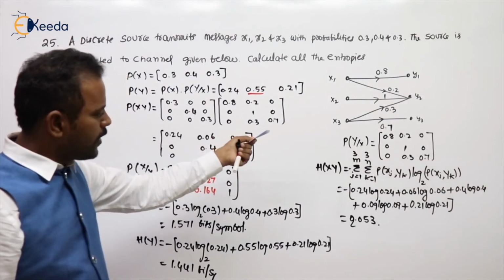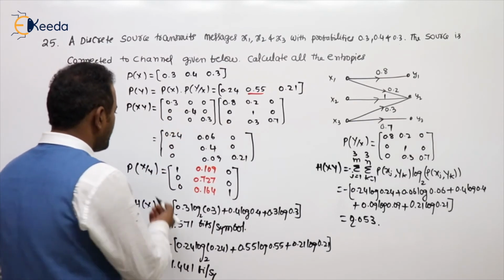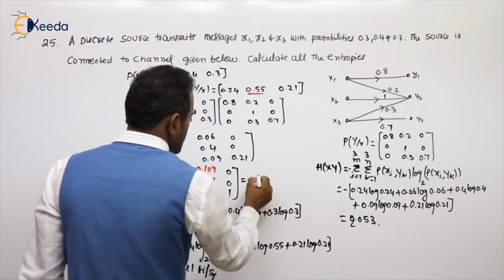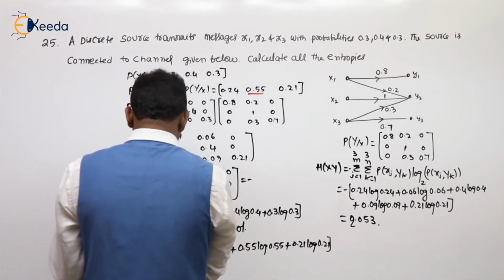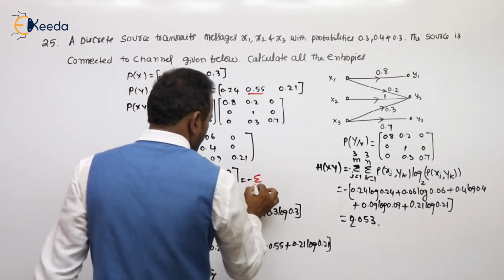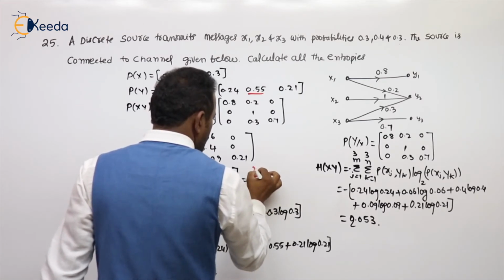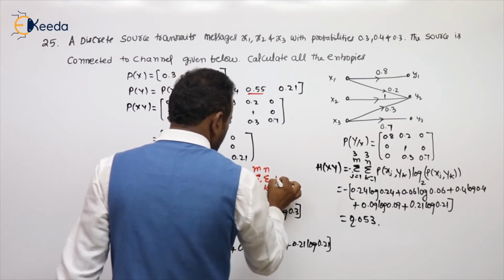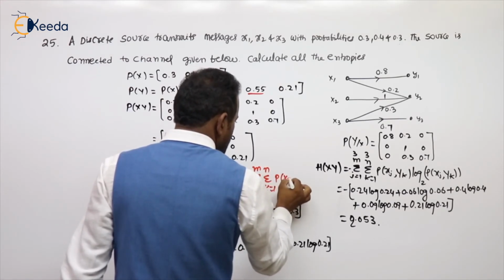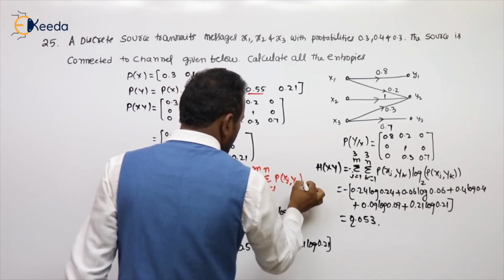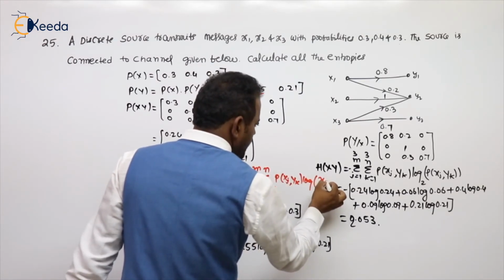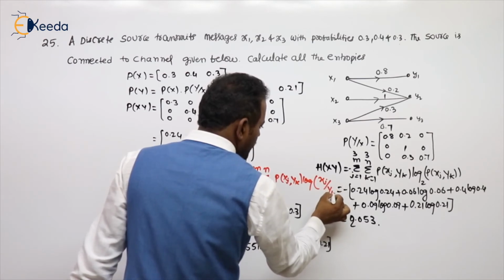And how to calculate these conditional entropies? You can apply the formulas. What is the formula for this one? Minus summation, j equal to 1 to m, k equal to 1 to n, p of xj comma yk into log of xj by yk.